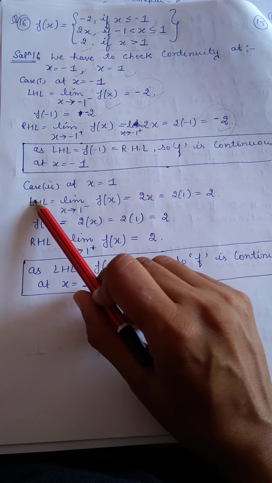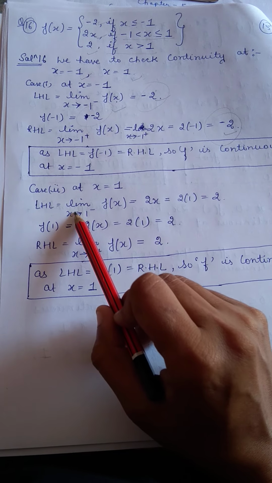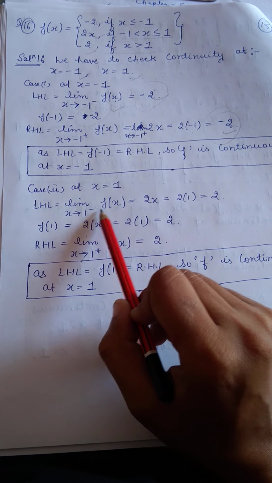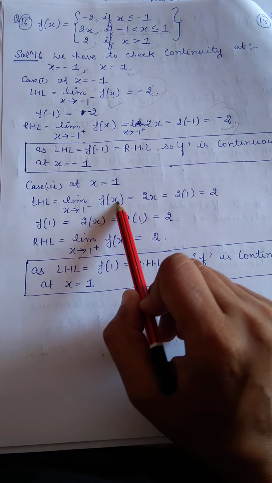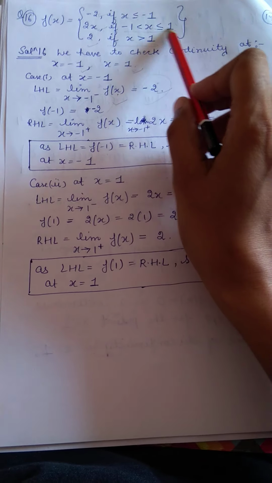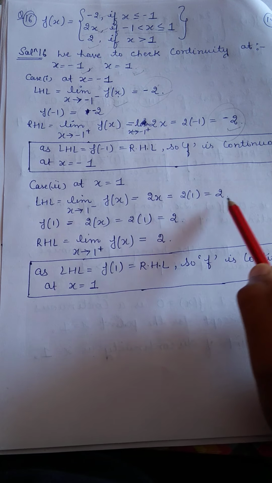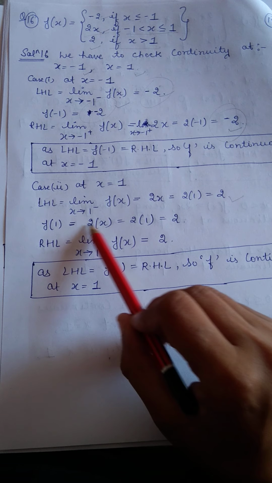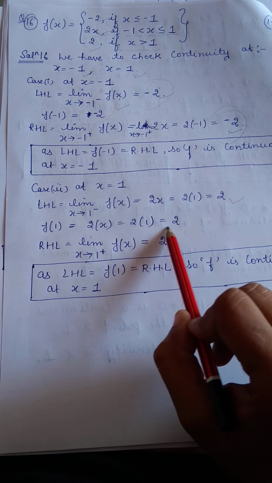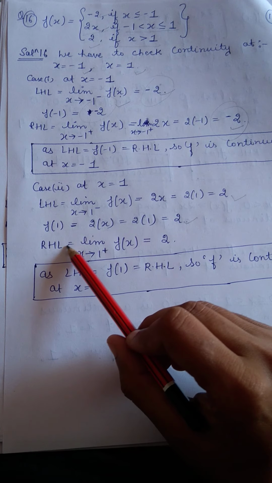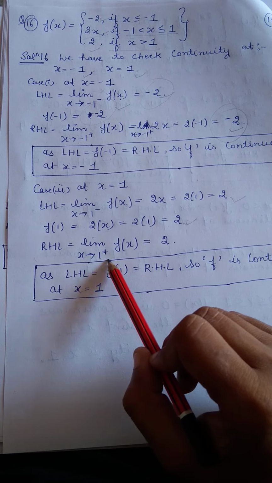Clear? In case 2, LHL, that is 1 negative, f(x) will be defined as 2x. In 2x, when I put 1, I will get 2. The f(1) value will again be 2x, that answer will be 2. And in RHL, x is 1 positive.